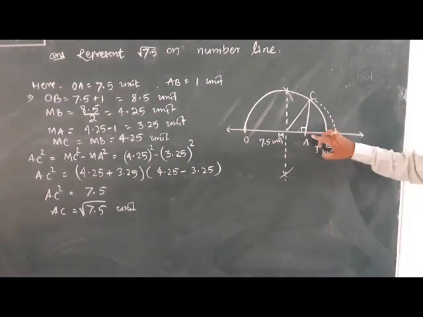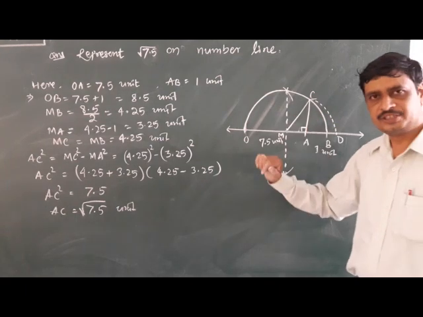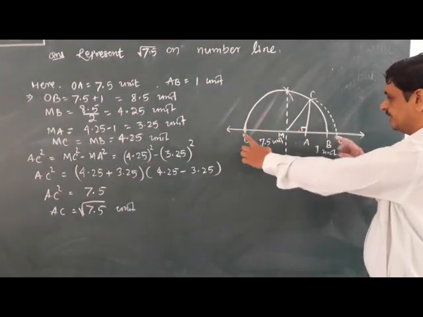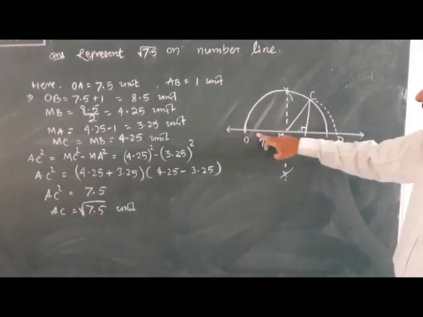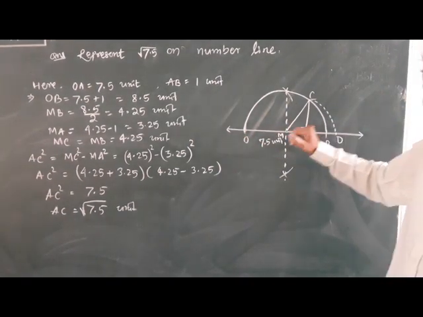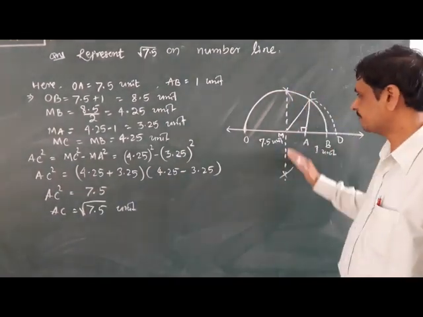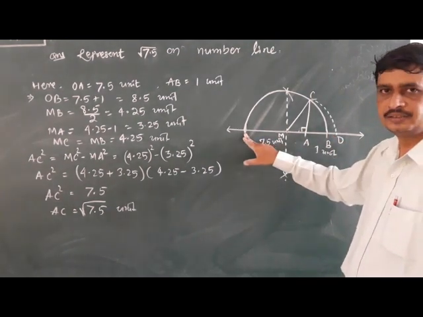Now, a perpendicular is drawn at A. Next, we have to find the midpoint of OB. The midpoint is found by drawing the perpendicular bisector of OB.